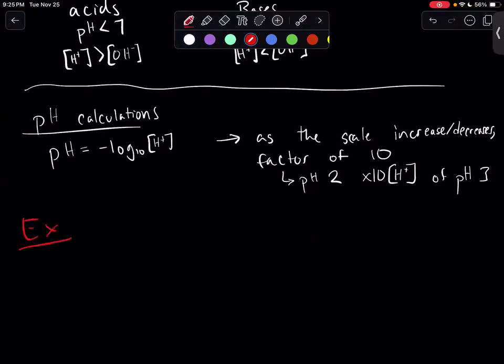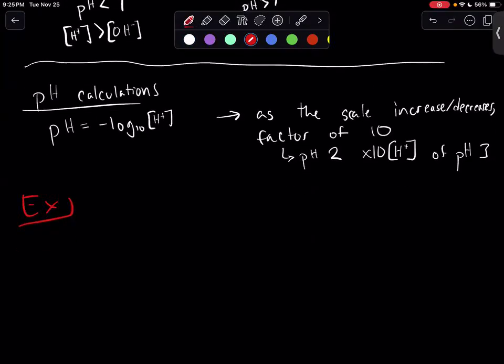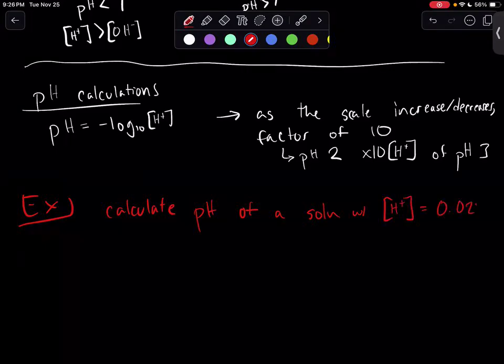So let's go to our first example of this video, and our only example for this part. Calculate the pH of a solution with concentration of H plus equal to 0.020 mole decimeter cube inverse.